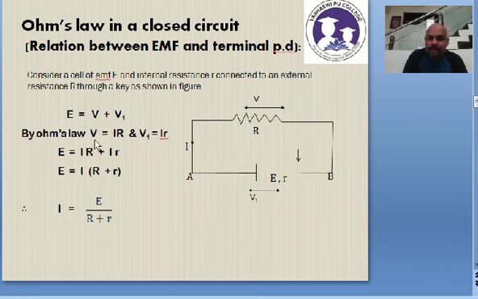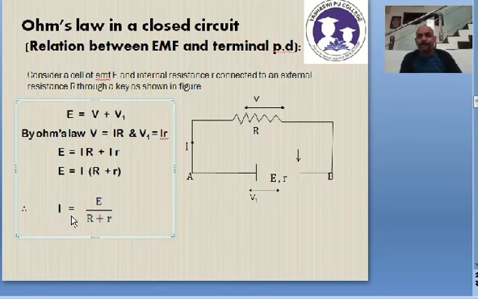By Ohm's law, we know that V is equal to IR, the product of current and resistance is the potential, whereas V1, the potential difference across the internal resistance, is equal to Ir, because the same current I flows, they are in series. Therefore, substituting for V and V1, we get E is equal to IR plus Ir. Taking I common, E is equal to I into (R plus r), whereas I is equal to E divided by (R plus r).